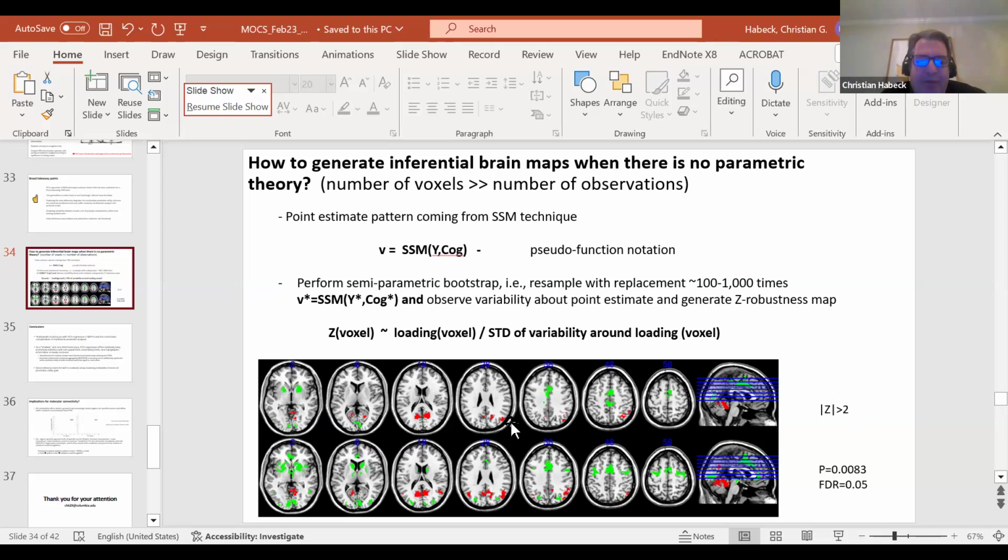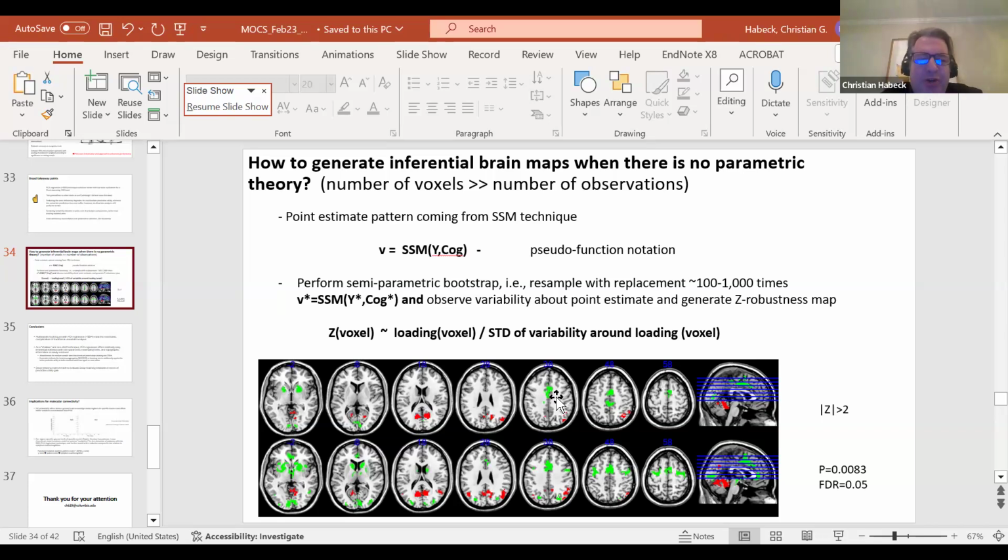What really happens when this pattern is expressed is that all the red areas, the positive loadings, show a positive correlation with one another. The green areas show a positive correlation with one another, but between red and green, it's a negative correlation. So the pattern, activation in red and deactivation in green, would happen in concert, right? But it's not connectivity in the sense of functional connectivity today.